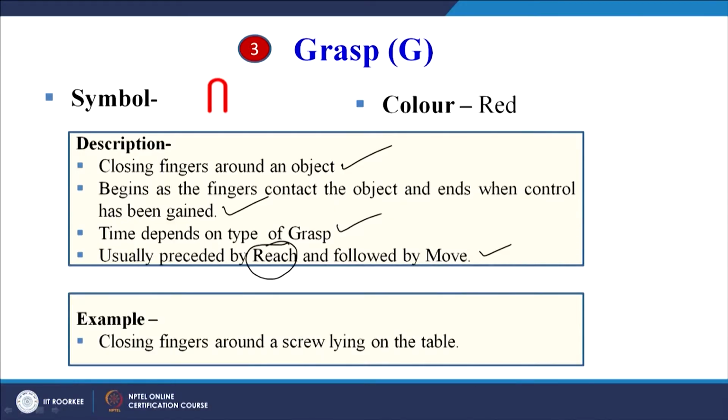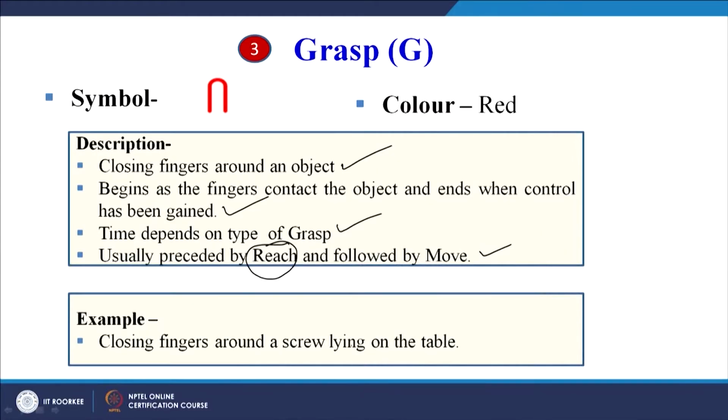So our grasp will be preceded by reach: first we reach it, or transport empty, then grasp it, and then followed by the move. An example is closing fingers around a screw lying on the table. Suppose some screw or a nut or a bolt is lying on the table. We transport empty, reaching there, grasping it, that is closing our fingers, taking control of that thing. That is basically an example of grasp.